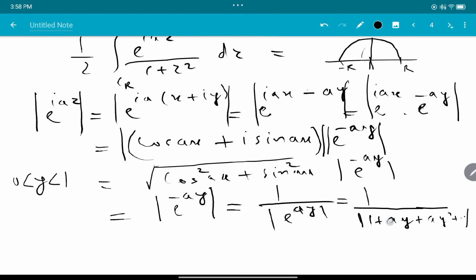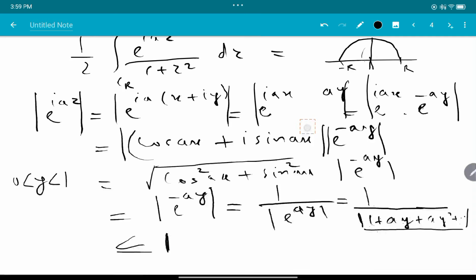Since a is positive and y is positive, this whole is greater than 1. When the denominator is greater than 1, the quantity must be less than 1. So ultimately, we conclude that the modulus of e raised to I a z is less than 1.